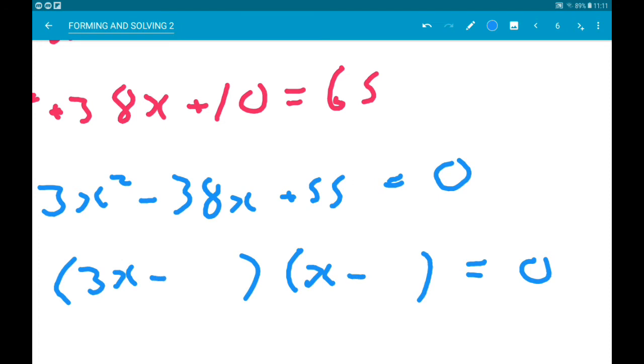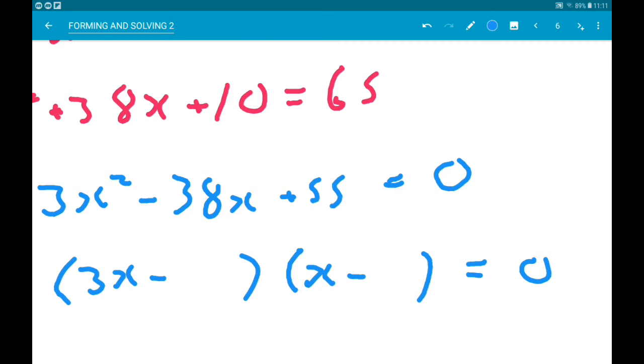Okay, so the two numbers need to multiply together to 55, and we need to get down to minus 38. So whatever's going to multiply the 3x is probably going to need to be the bigger number. Not many things multiply to give us 55. We have 11 and 5.